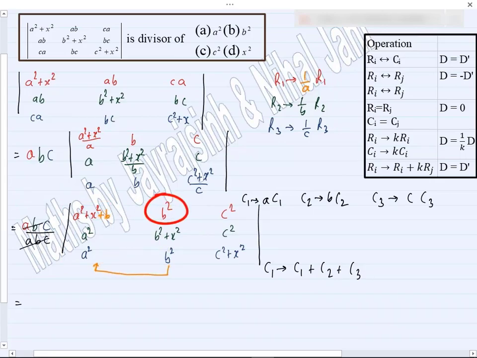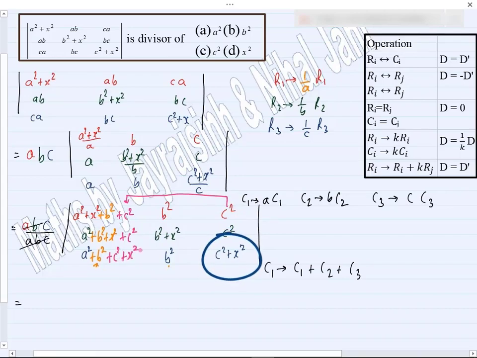So here we'll get b square plus x square plus b square. Now let's add our third column. So here we'll get plus c square and plus c square plus x square.